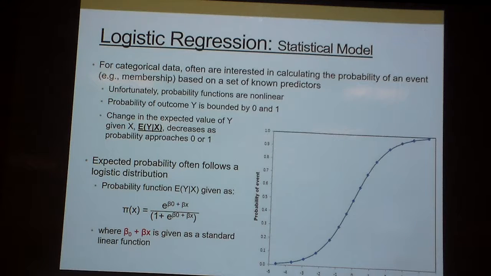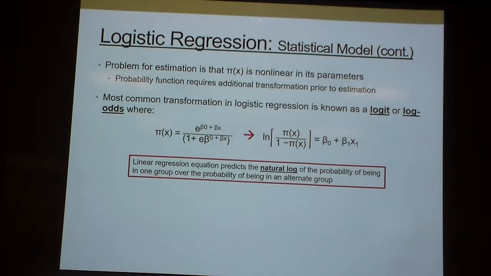So we still have our linear model in there, it's just in a weird proportion. And because our probability is nonlinear in its parameters, what we can do is transform that nonlinear function so that we can estimate a linear model, where we're predicting the linear transform of this probability function outcome.